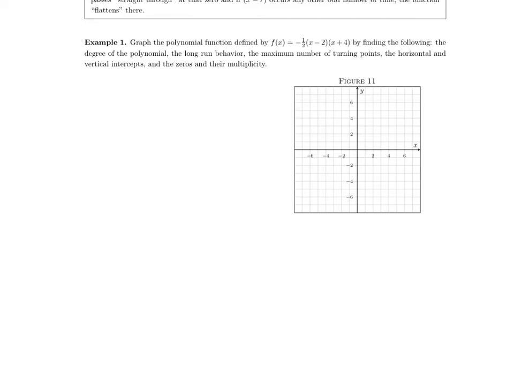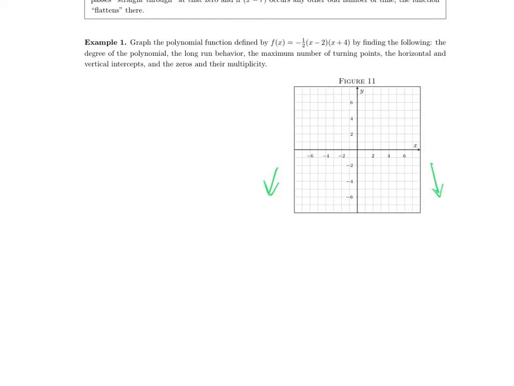So here's example number 1. We've already found all the features of this problem. I'm just going to remind you of a few of them. We determined that the long run behavior was as x goes to negative infinity, f of x goes to negative infinity, so we're going to have an arrow pointed down here, and also that as x goes to infinity, f of x goes to negative infinity. So we have another arrow pointing down this way.